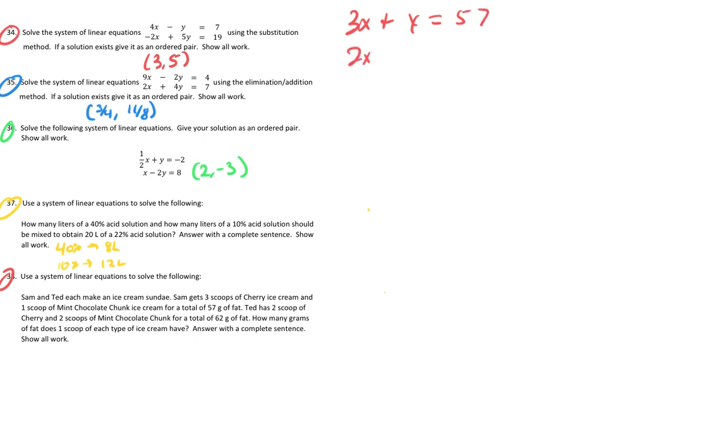And then 2x plus 2y is equal to 62. This time I like to use a substitution method where we have this lone y here. So if we solve for y in that equation, we get 57 minus 3x. Plug that into the second equation.